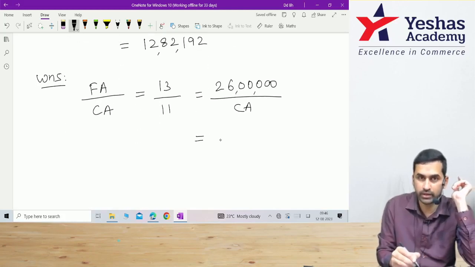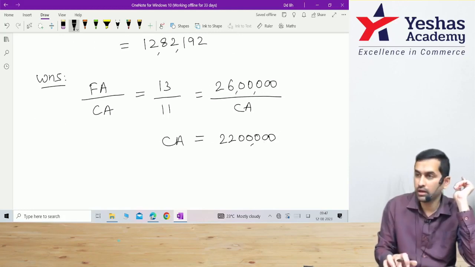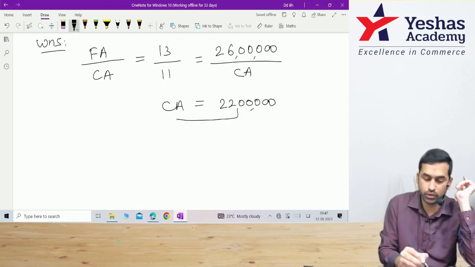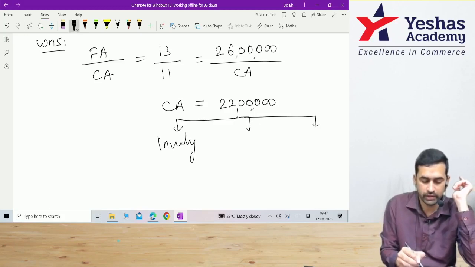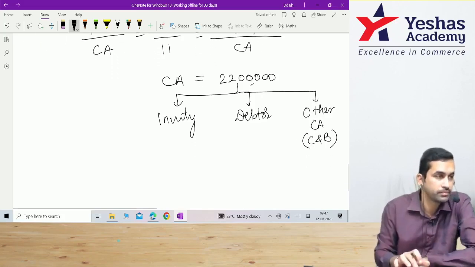I think this will be 22 lakhs. Under this, you already have two numbers. You have calculated inventory, you've calculated debtors. So this can be written as other current asset. You can even write it as cash and bank balance.